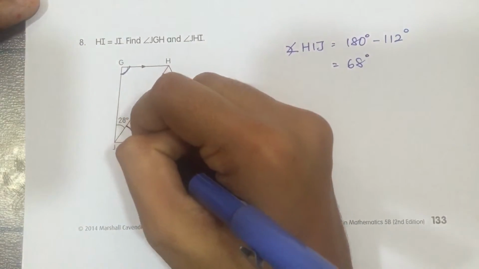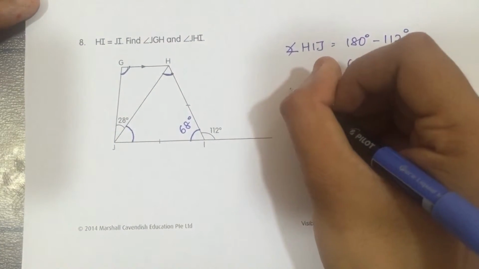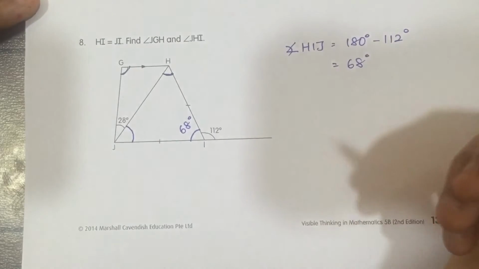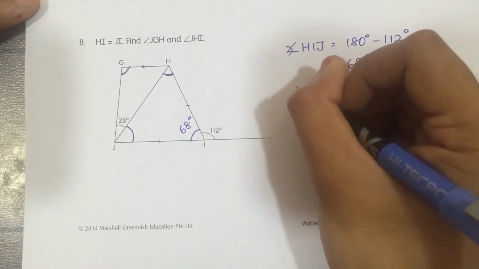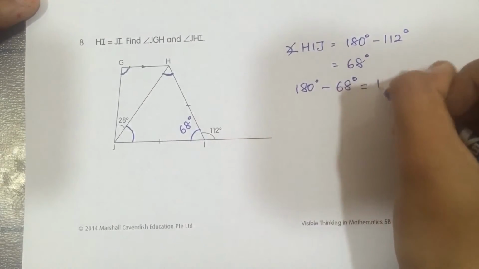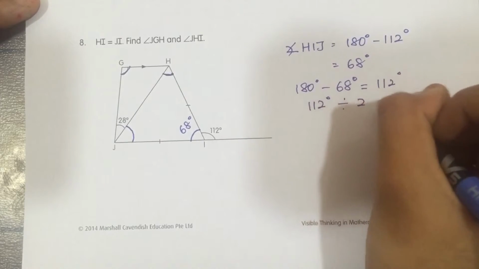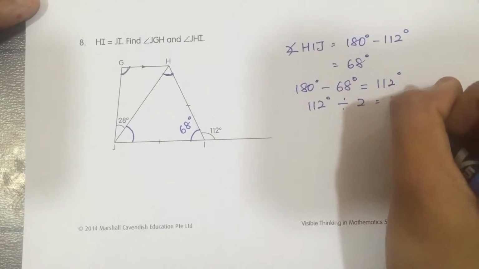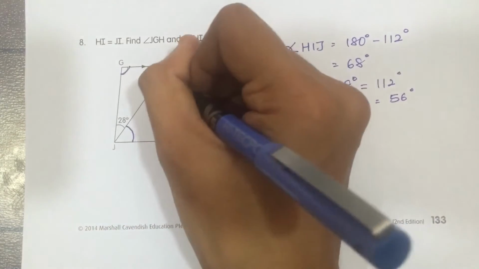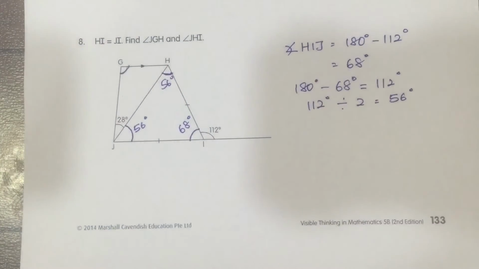I can find these two angles now because I can use the property of an isosceles triangle. So basically 180 degrees minus 68 degrees equals 112 degrees. 112 degrees divided by 2 is 56 degrees. So this is 56 and this is also 56.